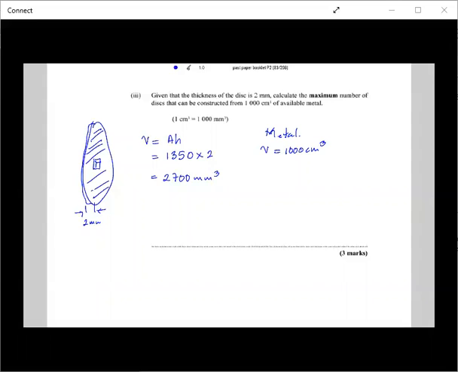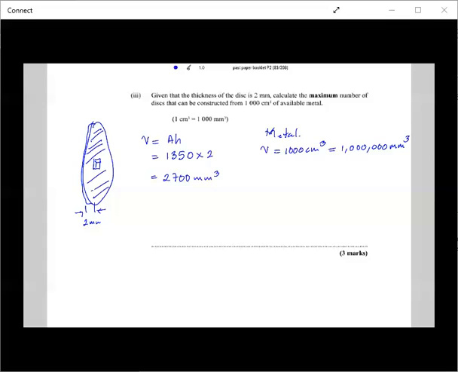So this will be 1,000 times 1,000, which is 1 million millimeters cube. So 1,000 centimeters cube is 1 million millimeter cube.